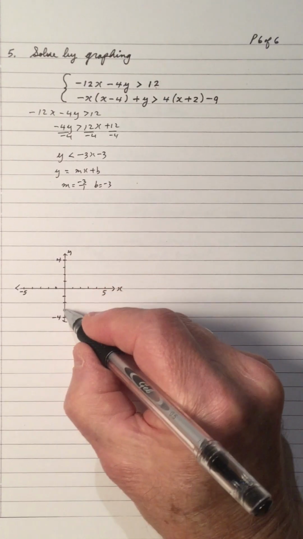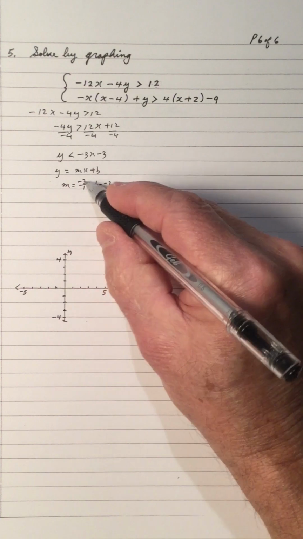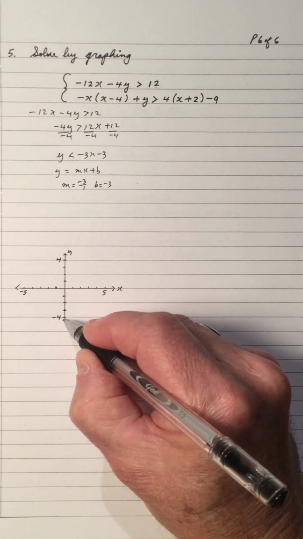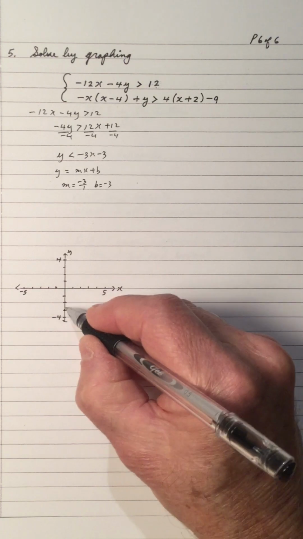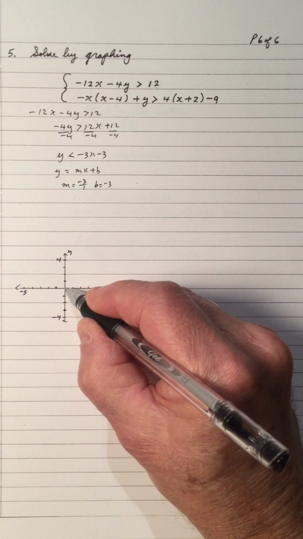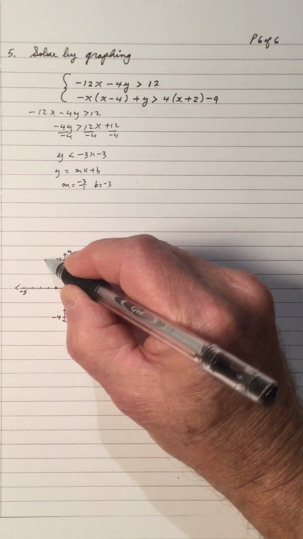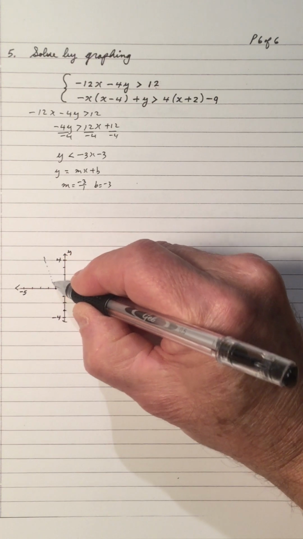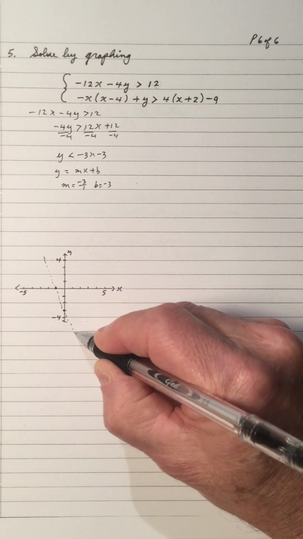So the y-intercept is -3, and the slope is down 3 and right 1, or you could go up 3, left 1. Your choice. So this is a broken line. The boundary line is not solid. So there it is there.